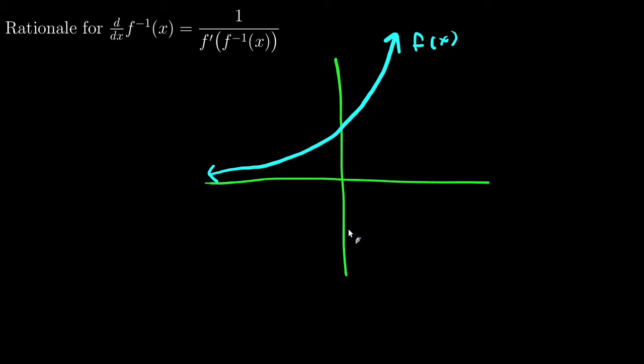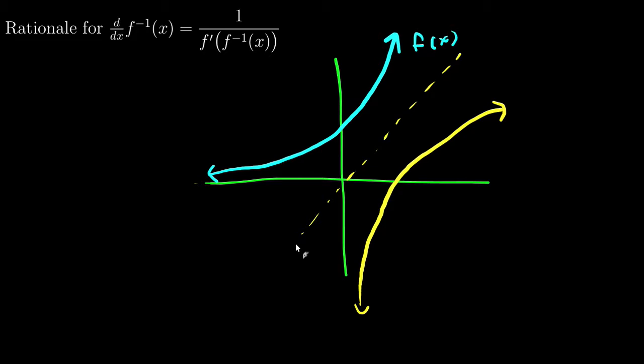Remember, inverses switch inputs and outputs. So if the point (0, 1) is on the original, then the point (1, 0) will be on my inverse. And if the point (-3, 1/3) is on the original, then (1/3, -3) will be on my inverse, and I'll get a function that looks like this. Also, graphically, it is reflected over the identity line, y equals x.